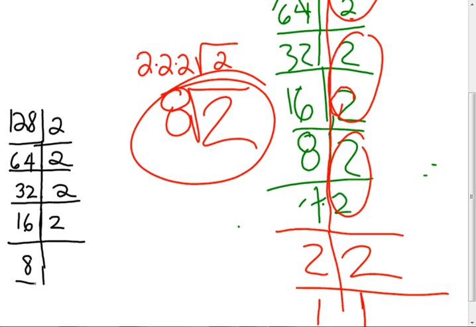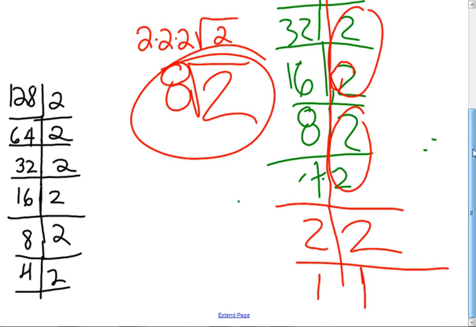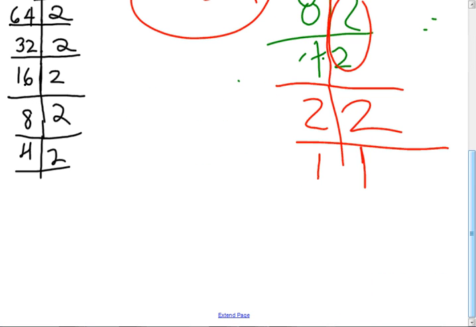Keep going, we're not done. 2 into 8 is 4. And 2 goes into 4 twice. 2 goes in once. Just keep dividing it.